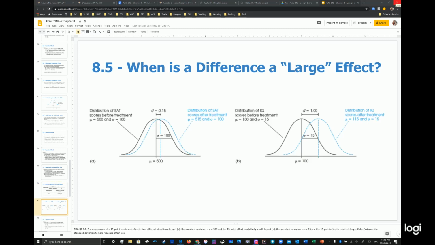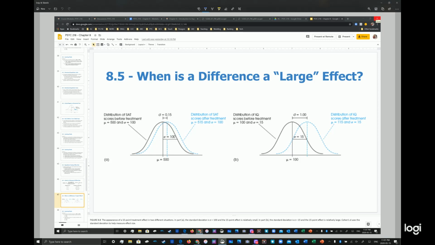So here is a slide that shows an example of how large a difference needs to be for you to say there's a large effect size. Again, one of the major factors is standard error, and also standard deviation, from which the standard error is derived based on your sample size.